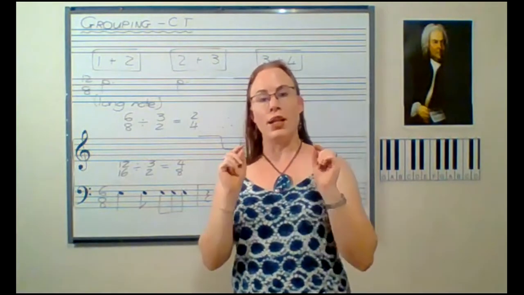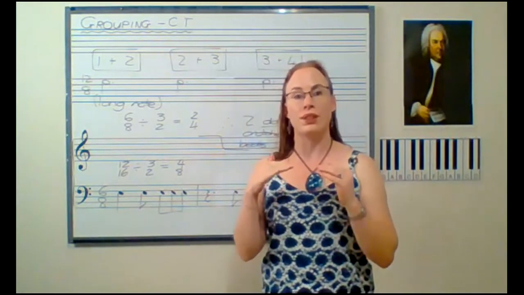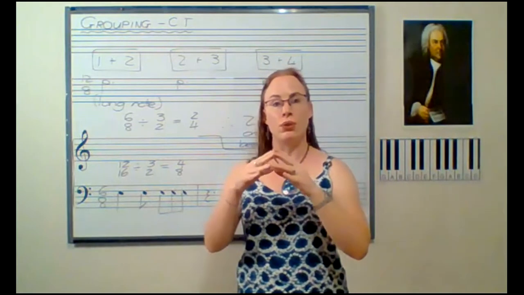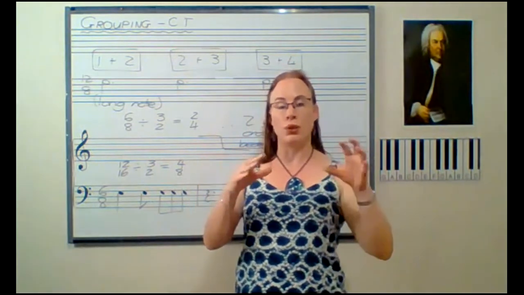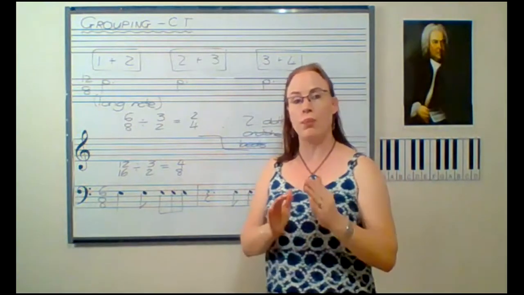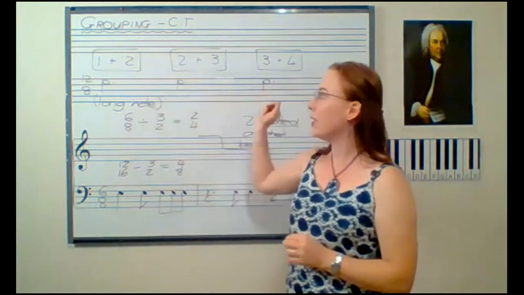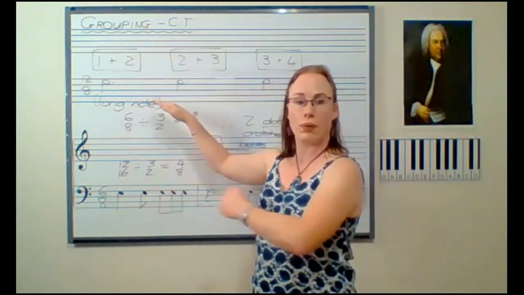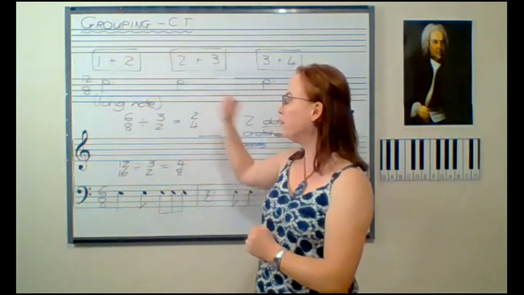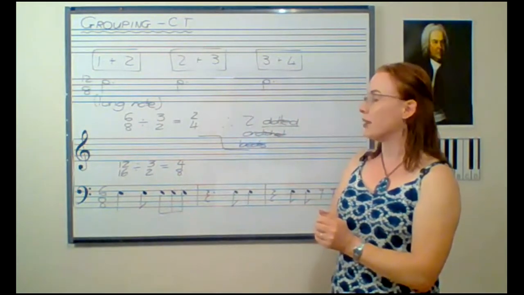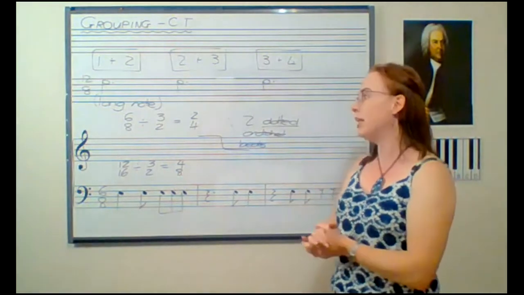But in compound time, we're only allowed to group them together if they consist of one note. If they are split up into different notes, then we have to group according to separate beats. So very important, we can only apply it when it gets to one long note value that covers the whole 2 beats.